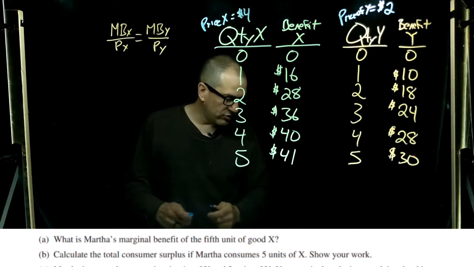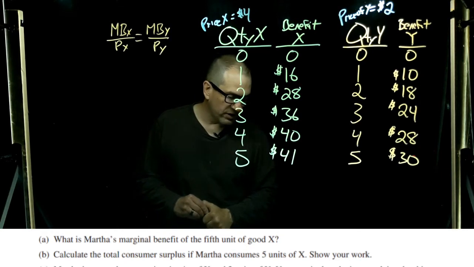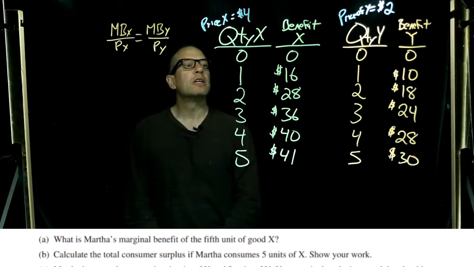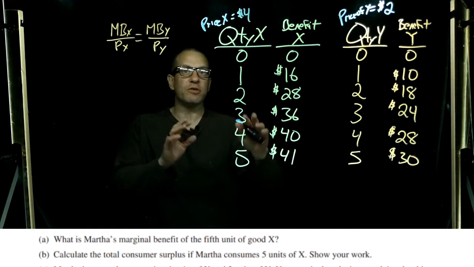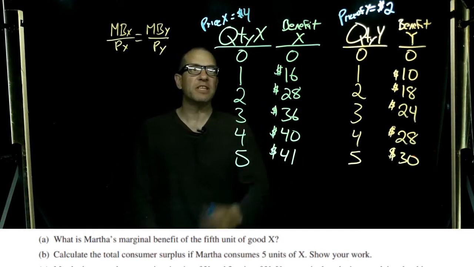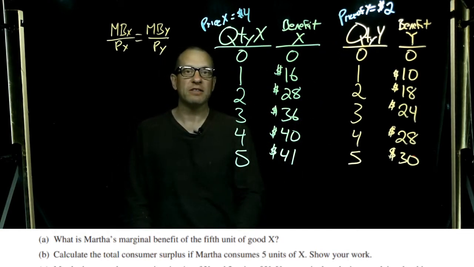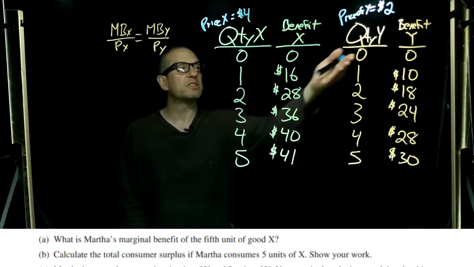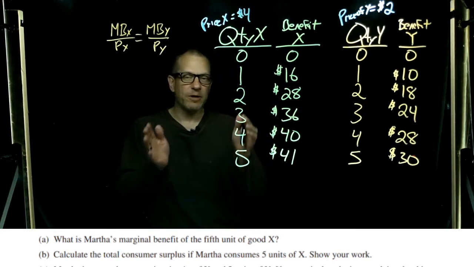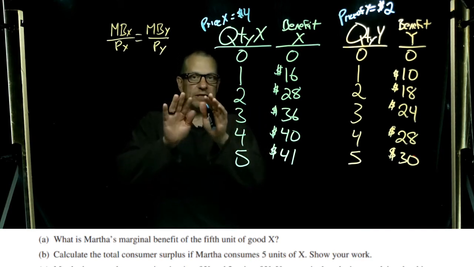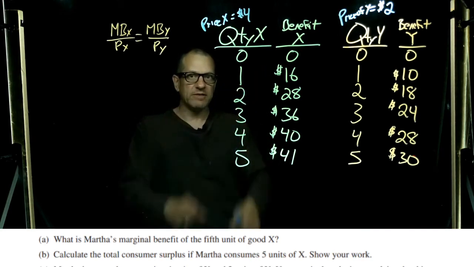The table below shows the total benefit measured in dollars Martha receives from the consumption of each good. So the utility that she gets is going to be measured in dollars here. The satisfaction that she receives from consuming each one of these products, we can measure in the numbers that they give us here. Now the table, they put the 4 columns right together, but again, look at the table and see that there's actually 2 different sets of data here.